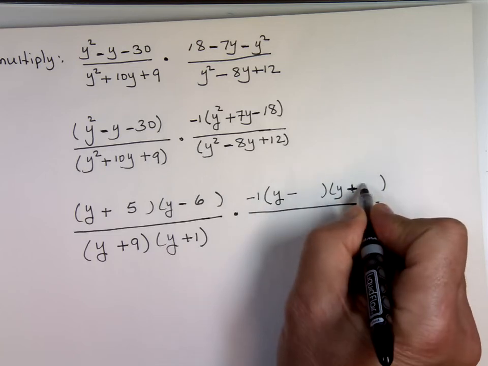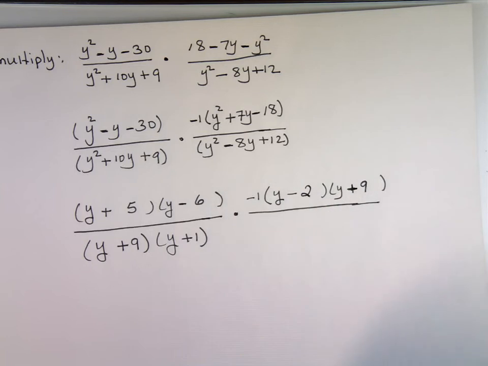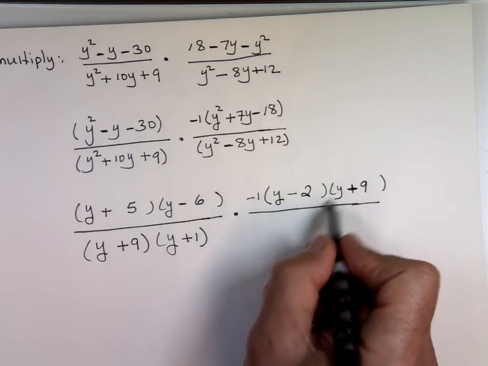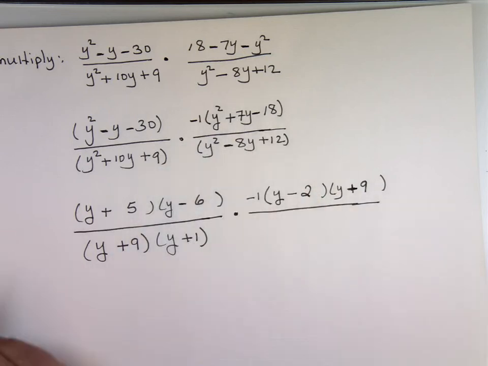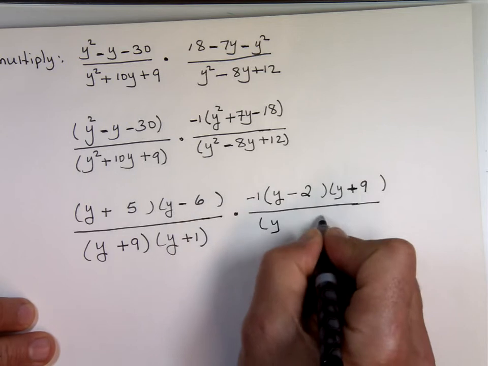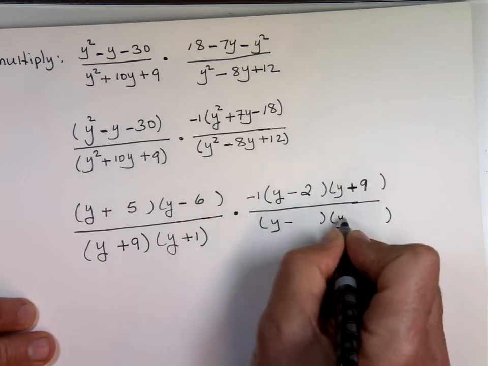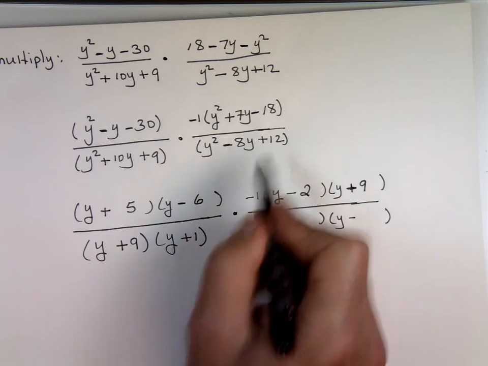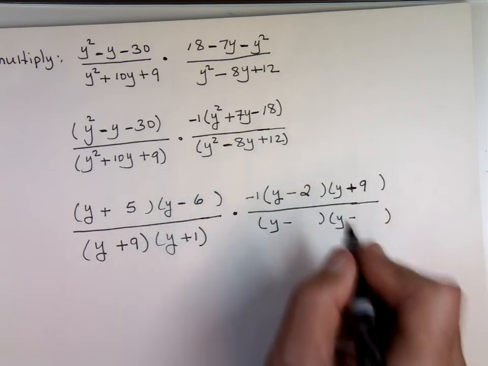So 9 goes with the plus, 2 goes with the minus. Minus 2y plus the 9y, that's plus 7y. Y and y. The signs are the same. They're both negative. 12 is 4 and 3, but they don't add up to 8. 6 and 2, they'll add up to 8.